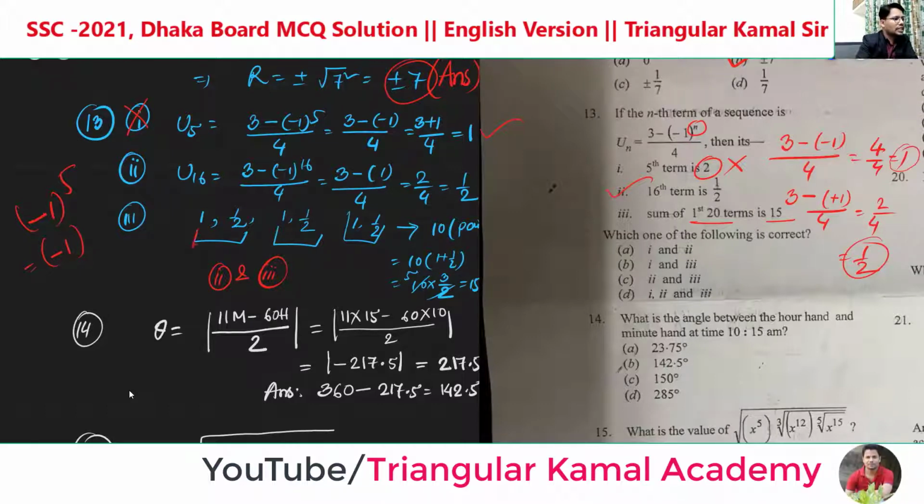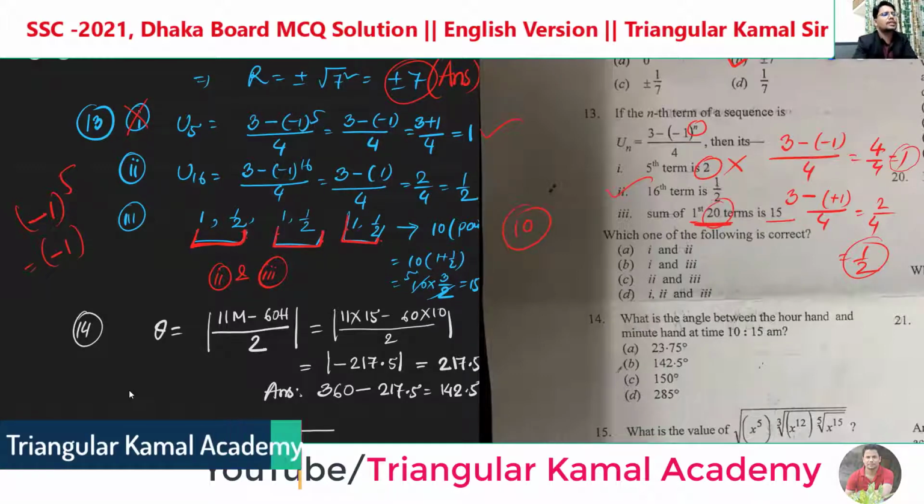So now there will be first term, second term, third term, fourth term, fifth term, sixth term, up to 20. If we consider the first and second terms as one pair, the third and fourth terms as another pair, and the fifth and sixth terms as another pair, then we will get 10 pairs.